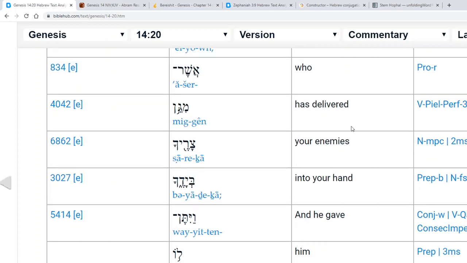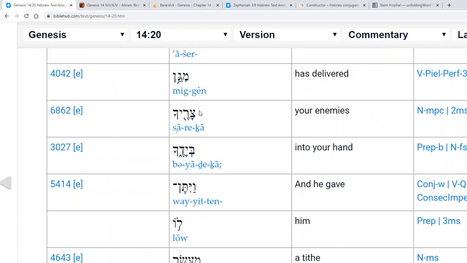Migen is the piel perfect of Mem Gimel Nun, which is like Magen David, right? And Magen David is the shield of David. Magen is a shield, right? Magen Avraham, the shield of Abraham. Migen is he who shielded. In the piel form, it's the more intensive. They're translating the piel of Magen, Mem Gimel Nun, as to deliver. It's an intensive shielding, however you want to do that.